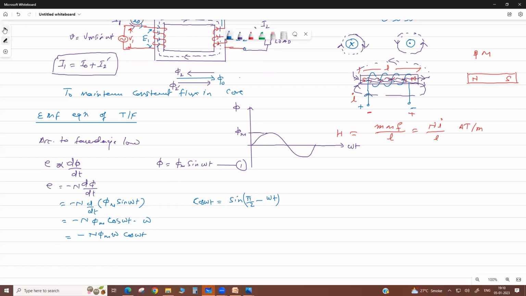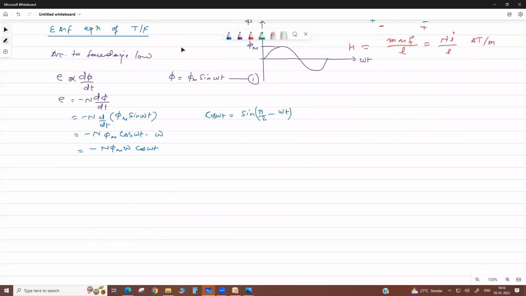So if we replace this, minus N phi m omega, we can write sin of pi by 2 minus omega t. Now if we take this minus sign inside, it becomes N phi m omega sin of omega t minus pi by 2.